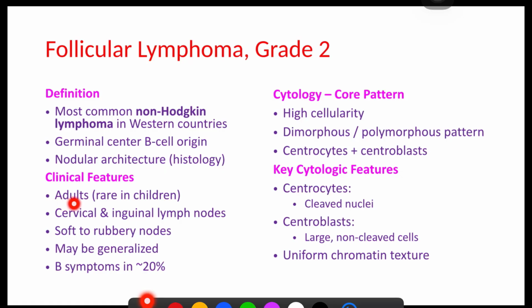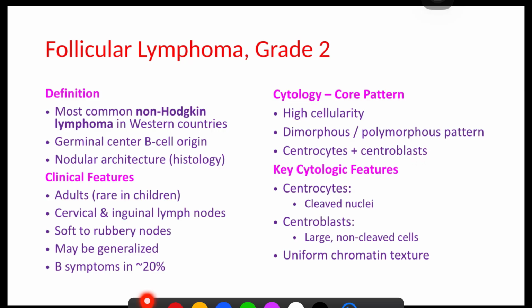Clinically, adults are more commonly affected, rare in children. Cervical and inguinal nodes are affected, having a soft or rubbery appearance. Generalized lymphadenopathy is seen, and B symptoms are seen in nearly 20% of patients. The core pattern shows high cellularity, most commonly a dimorphous or polymorphous pattern, meaning centrocytes and centroblasts are predominant.